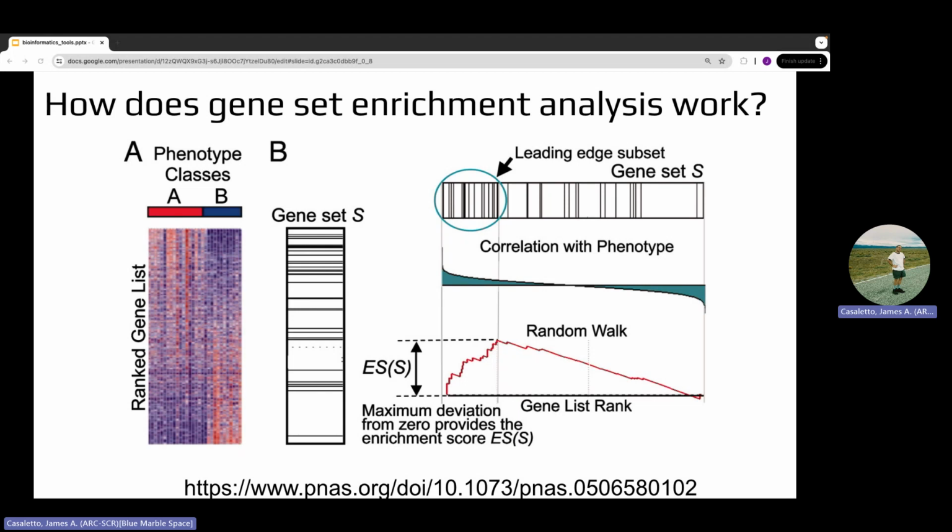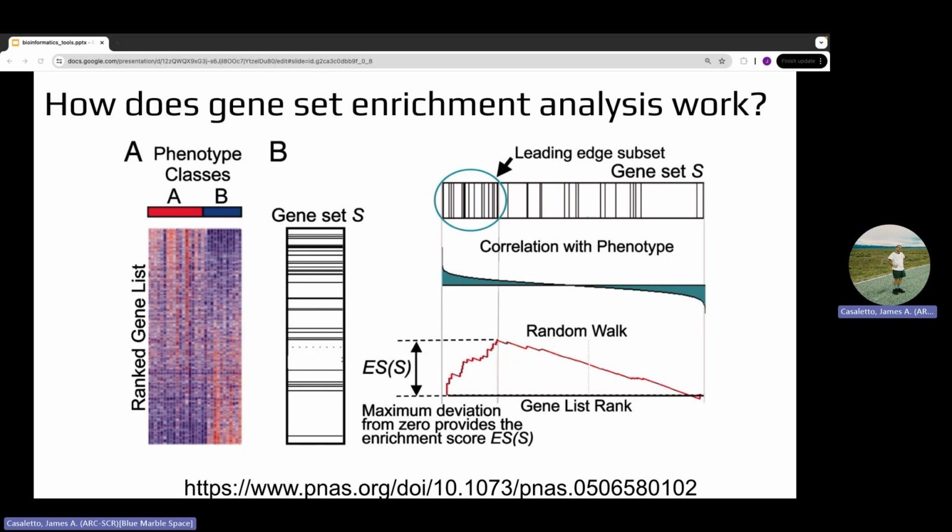Then we calculate an enrichment score, ES. So gene set enrichment analysis calculates this enrichment score to reflect the degree to which a set of genes is overrepresented at the extremes, either the top or the bottom of the entire ranked list of genes. The score is essentially a running sum statistic computed by walking down the list of genes, increasing the running sum when encountering a gene in the gene set, and decreasing it otherwise.